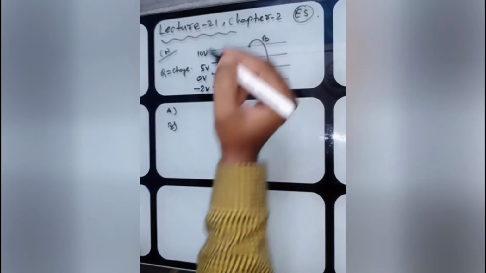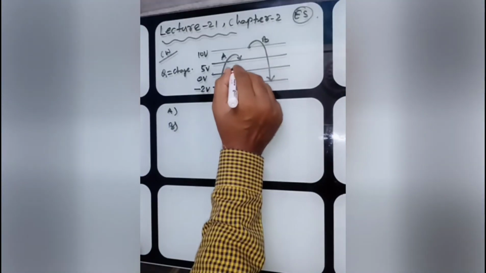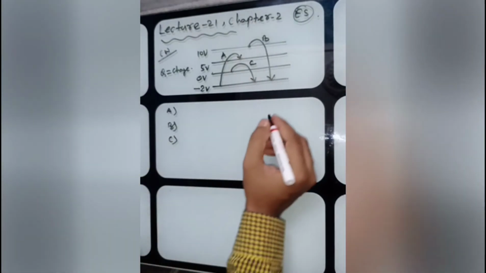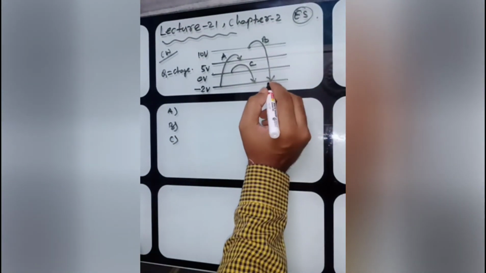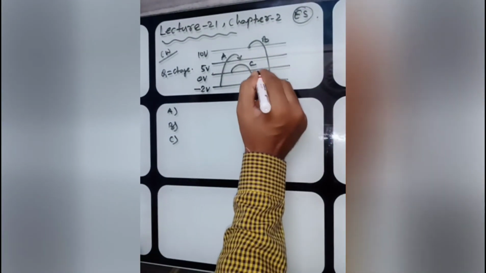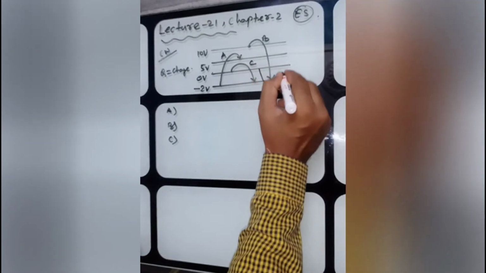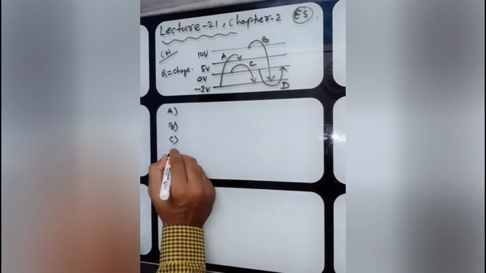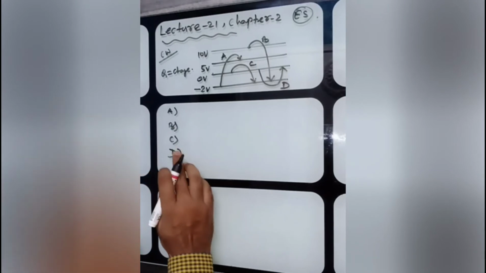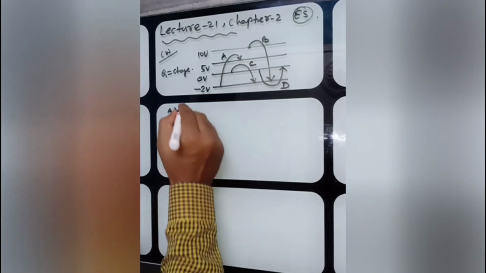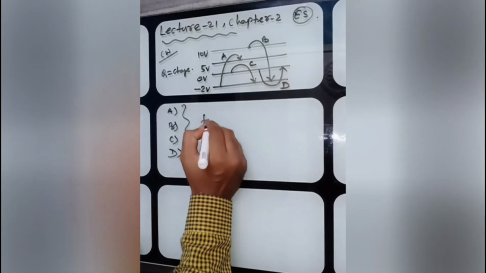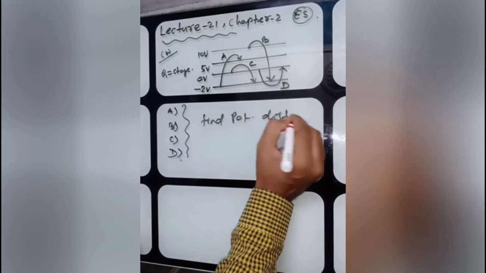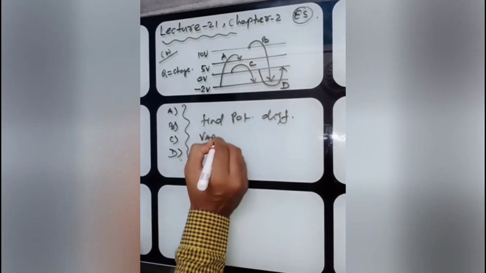The second one, C, and D. For each question A, B, C and D, you have to find the potential difference, that is VAB.